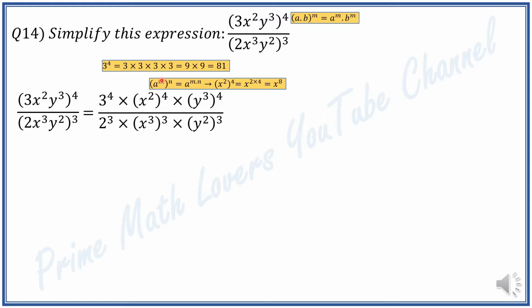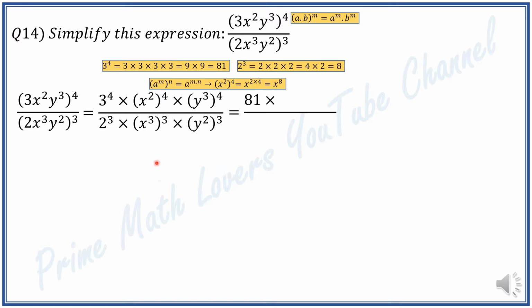We apply this rule. This is the power of power rule. a to the power of m to the power of n is equal to a to the power of m times n. So x to the power of 2 to the power of 4 is equal to x to the power of 2 times 4, or x to the power of 8. And 2 to the power of 3 is 8.